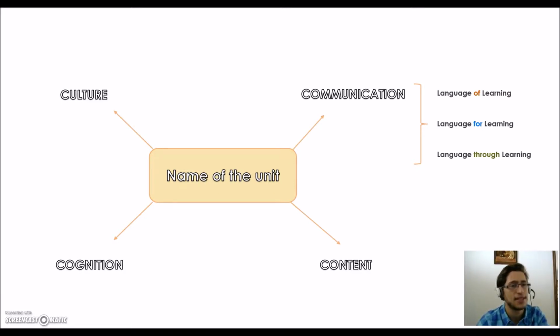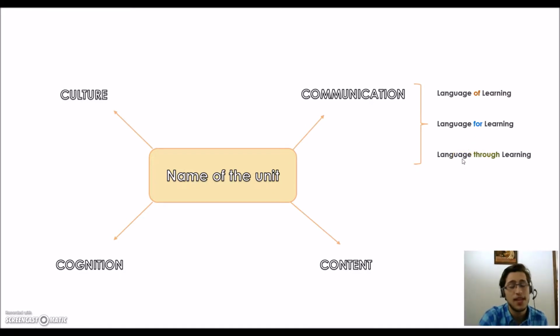And let's see what each C is about. As we can see, we have the 4 Cs there, and one of them has 3 subcategories. Which one is that? Exactly, that's communication. Communication has language of learning, language for learning, and language through learning.